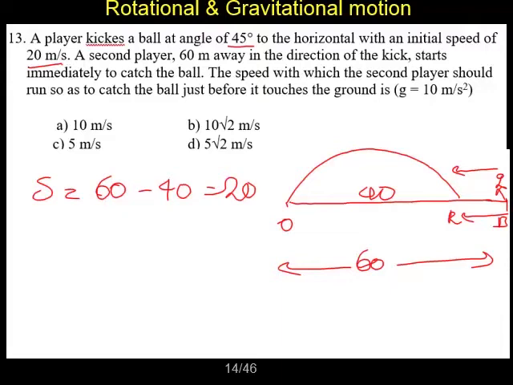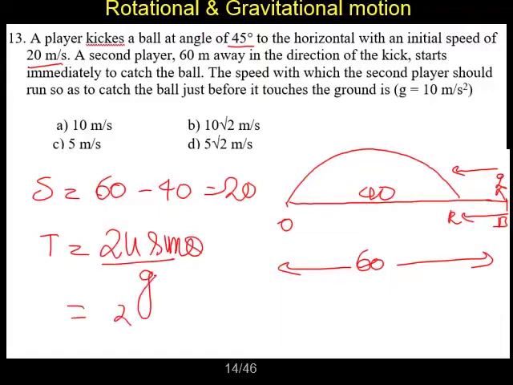Now for this, what is the time taken? Time taken is the time before the ball hits the ground. So it is the time of flight. So first go for the time of flight, calculate the time of flight. Time of flight can be calculated using the formula 2u sine theta by g. So it is 2 into 20, because 20 is into sine 45.